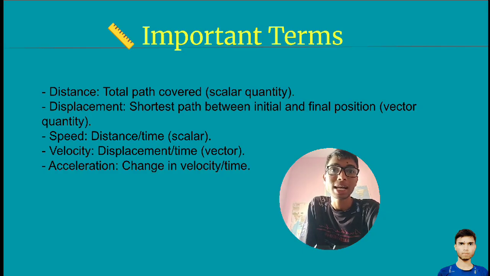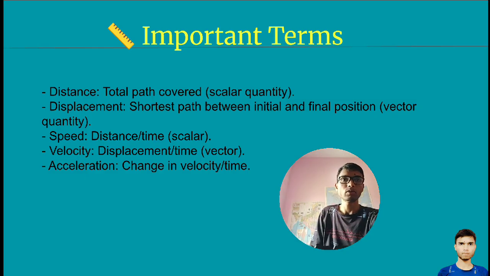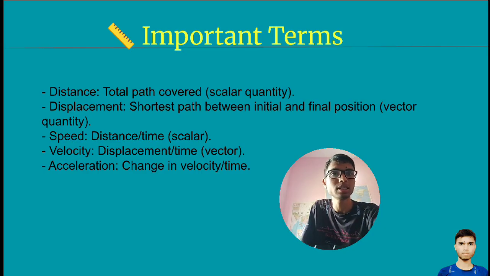Scalar quantities are those quantities which have only magnitude. Magnitude means only a number with a unit. When we apply direction, that quantity is known as a vector quantity. Clear?